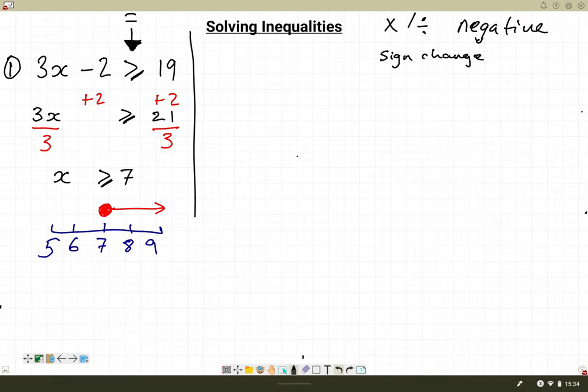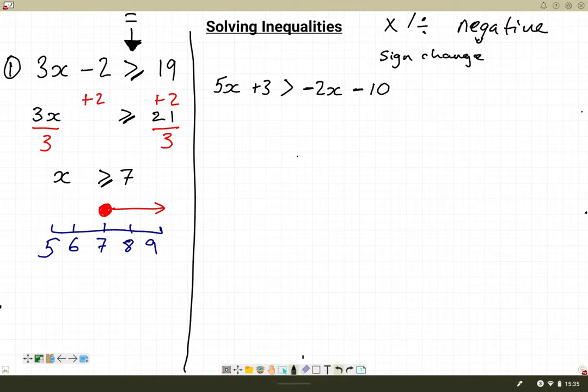So let's do another example. Let's say I had 5x plus 3 is greater than negative 2x minus 10. For this one, first thing I need to do, get rid of the smaller x on both sides.